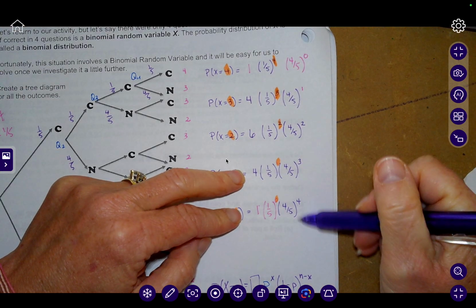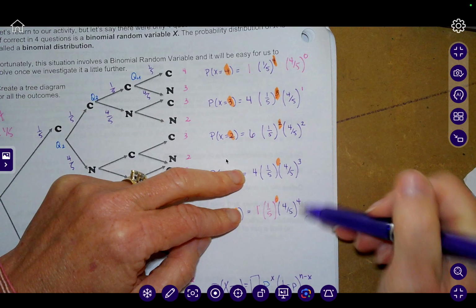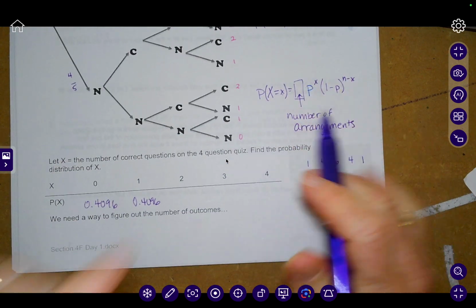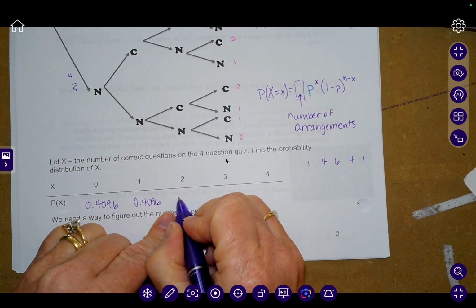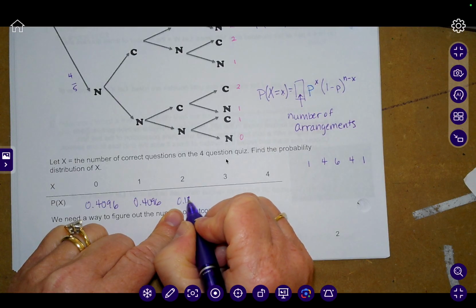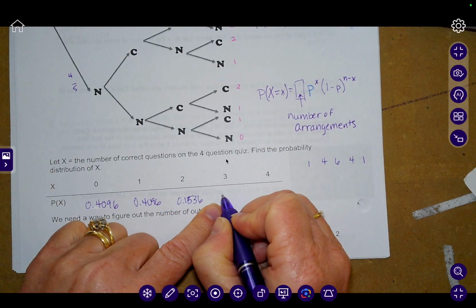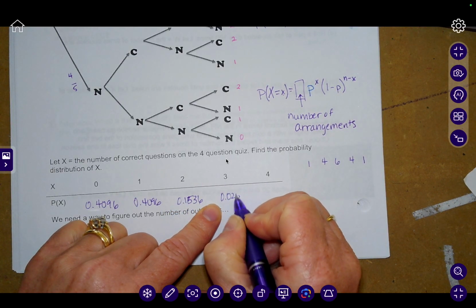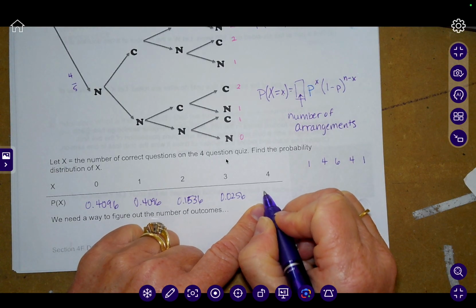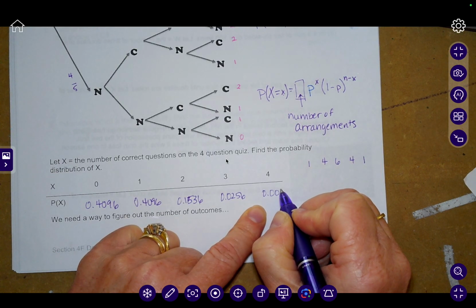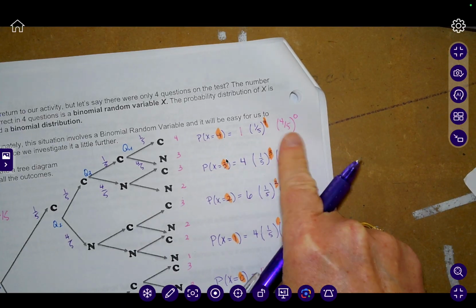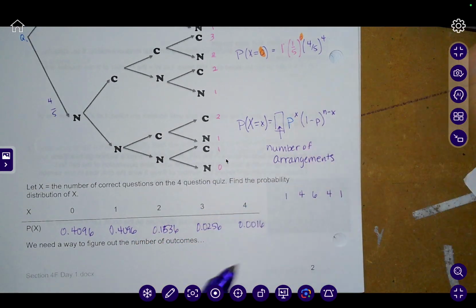You can kind of tell that the math is going to end up working out the same there. The probability of 2 correct, 3 correct, and then 4 correct. Okay, so that's 4. You're very unlikely to get all 4 correct if you're guessing.